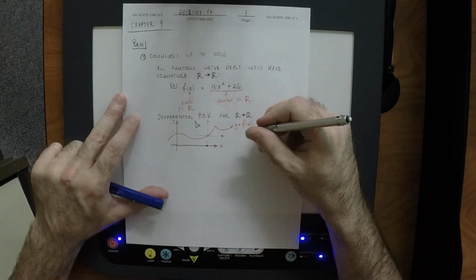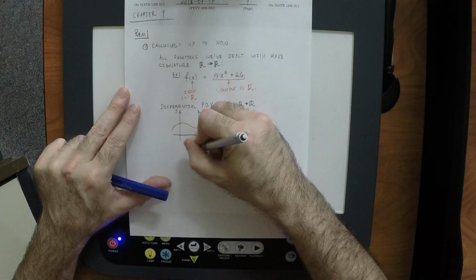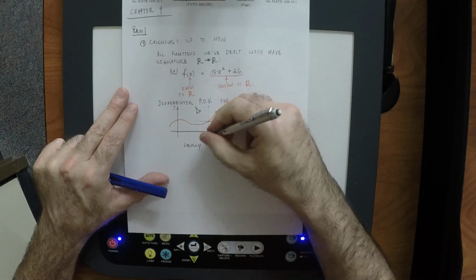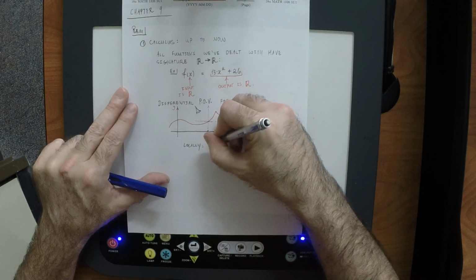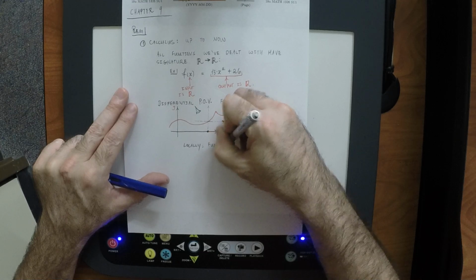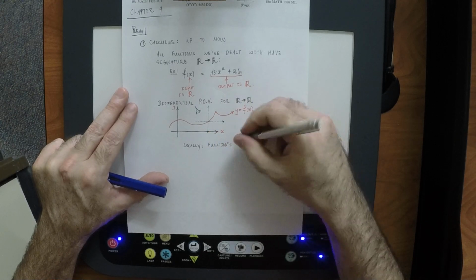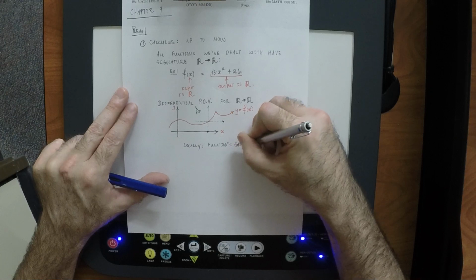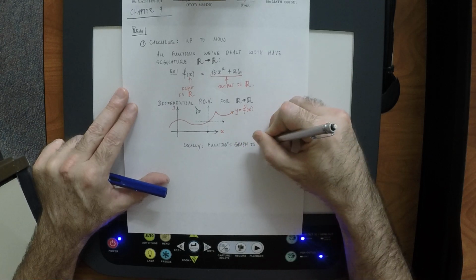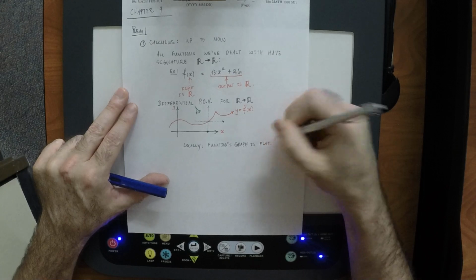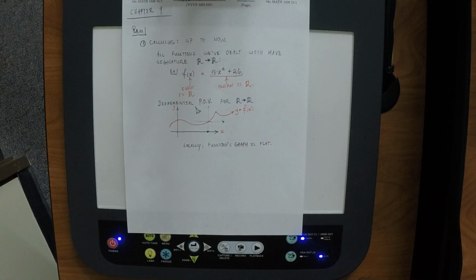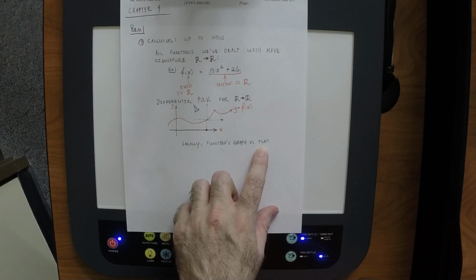Locally, specifically, the function's graph is flat. Now, you have to be a little careful when you're talking to a mathematician or any specialist, because sometimes the way they use words is not the way people generally use them, and flat is such an example.